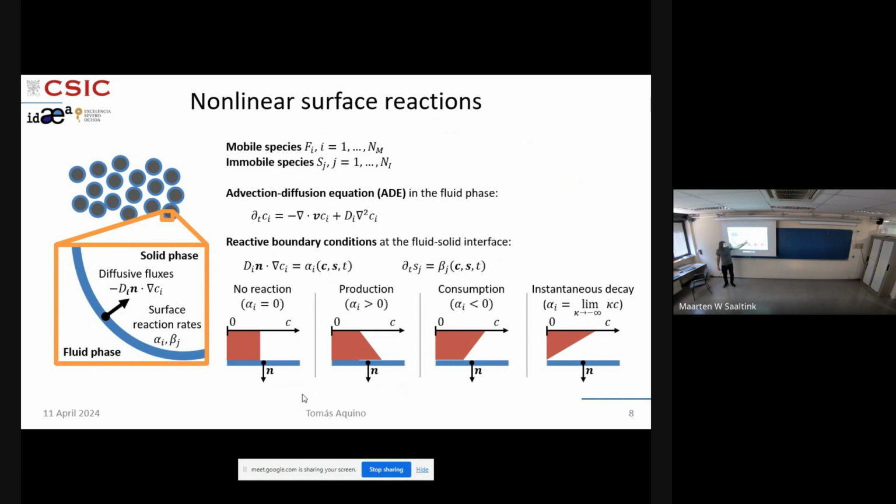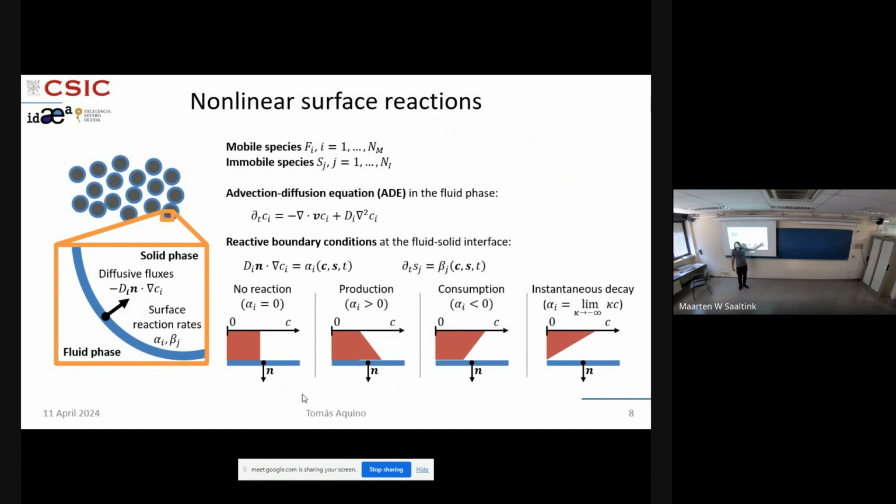Okay, so that's why I believe the signs are right. If you have consumption, it's the opposite. You're going to have less mass near the wall because you're eating it. So you can think that your mass flux into the wall is being partially consumed. You have effectively a flux into the wall at this point.